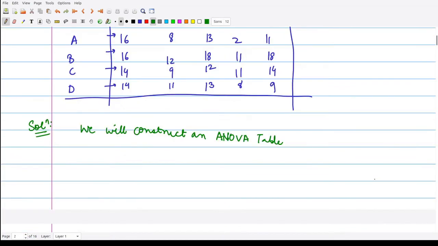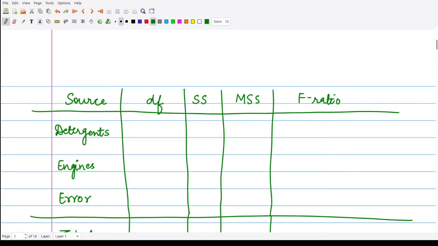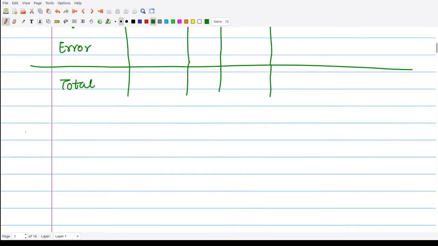First of all, writing the degrees of freedom. For degree of freedom, how many detergents are there with you?